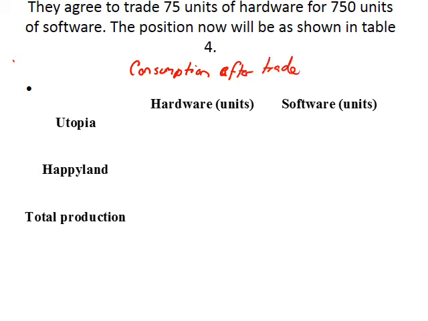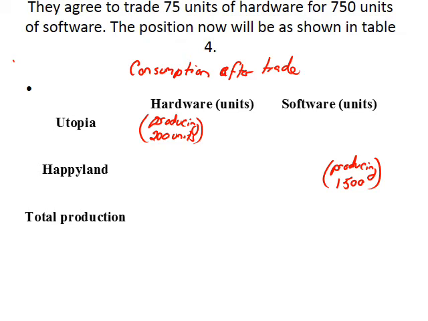Let's just make this clear. We had Happy Land producing 1,500 units, and we had Utopia producing 200 units, and we got this from the table from before. Now in terms of their consumption, Utopia produces 200 units of hardware.